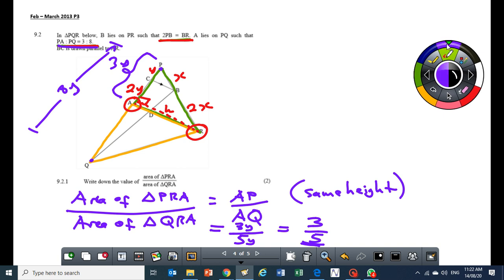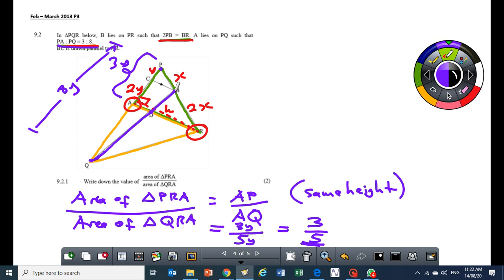So our BD is this length. That's our BD. And then our BQ is from there to there. So we want the ratio of BD over BQ.